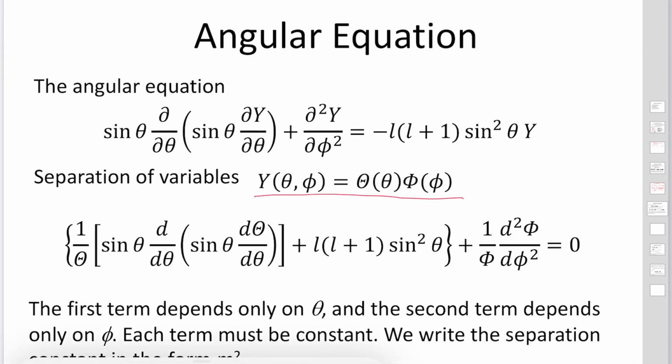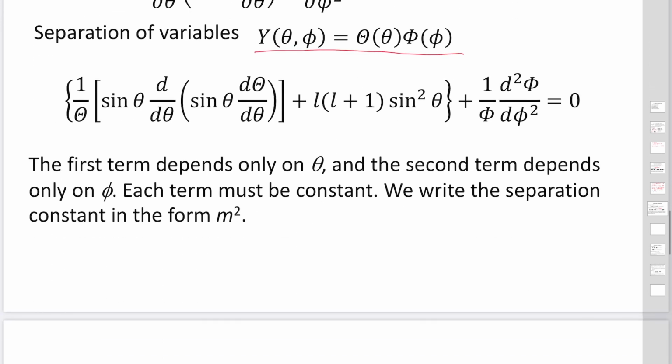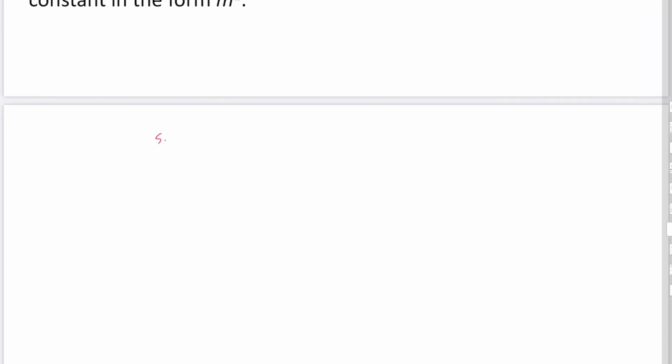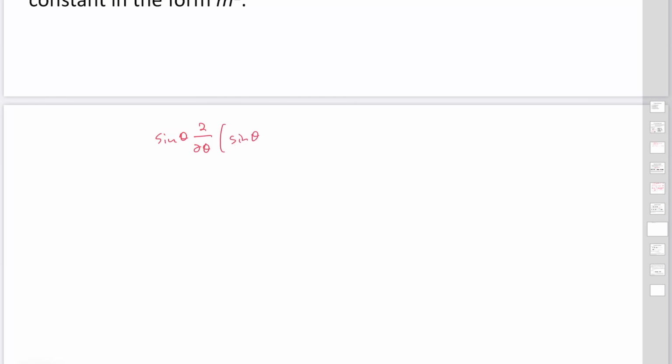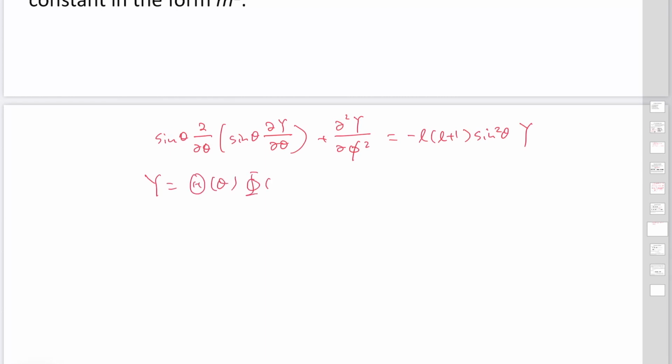Y is expressed as the product of two functions of theta and phi, capital Theta and capital Phi. Then substitute: sine theta, round theta, sine theta, round y, round theta, plus the second derivative, equal to minus L times L plus 1 sine square theta y. Then you can substitute, Theta is a function of theta, and capital Phi is a function of phi, into this equation.